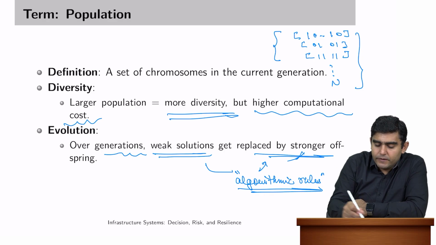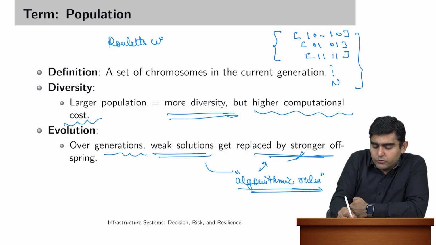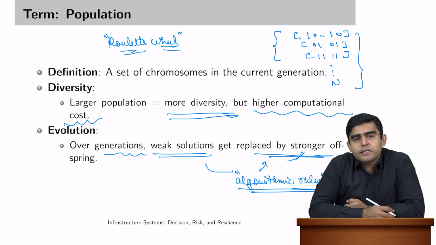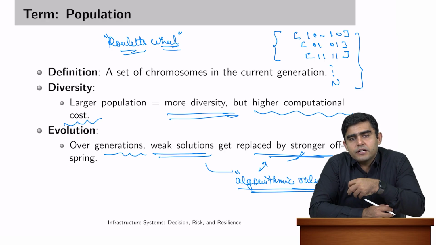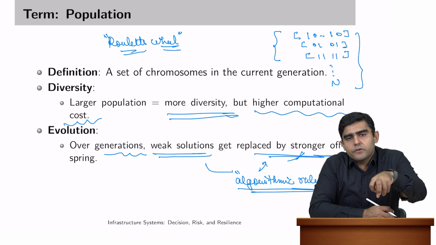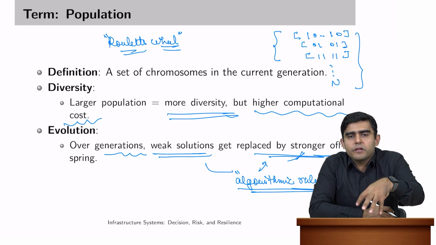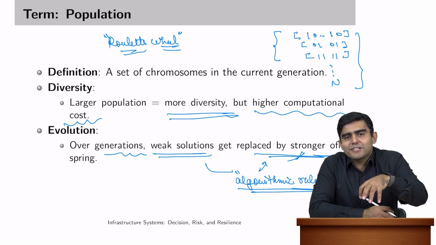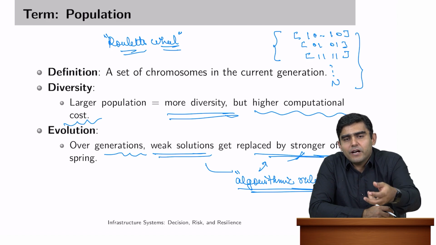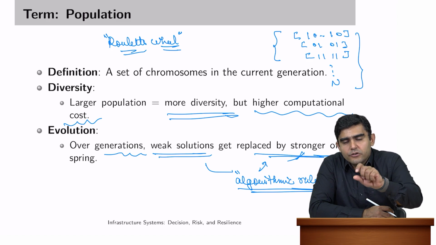One typical way that we will do this particular elimination is something called a roulette wheel. If we go to a casino, although I don't encourage that, you would see roulette wheels in casinos where a dice is rolled, and if it stops on a particular number, there are certain payouts, but certain numbers are marked more than the others. So there may be five number fives, four number fours, etc. So the chances of getting fives are more than getting your dice stopped at four.